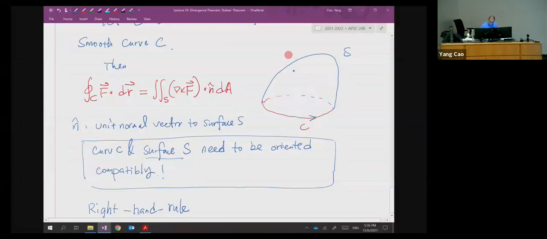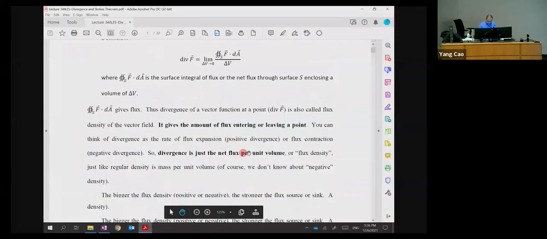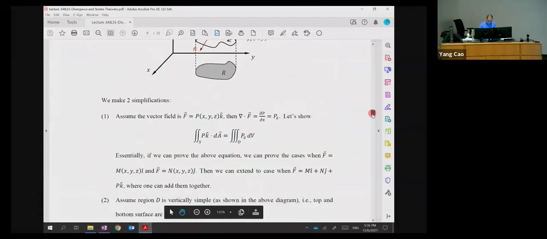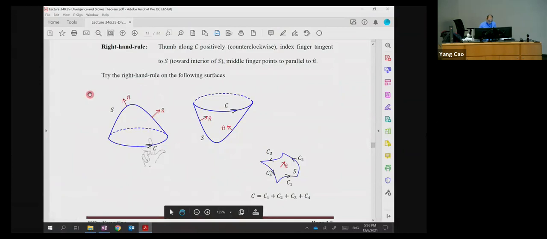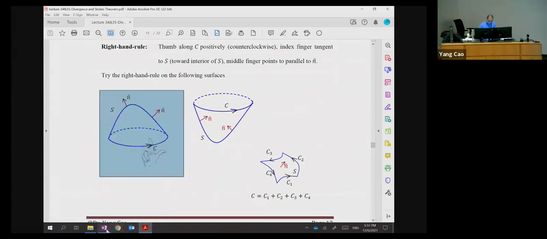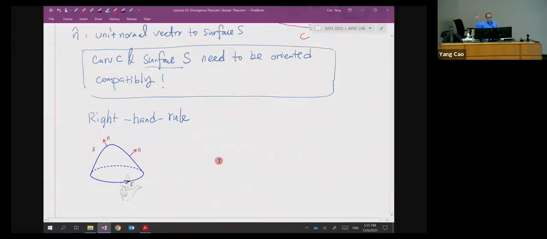So how do I nail down this right-hand rule? Here's a drawing. Maybe I'll just pick the drawing over here, because I won't draw this as well. This is the right-hand rule, and you can use your fingers to play with it. First, point your thumb in the direction of the curve C. The curve C right now is going this way.